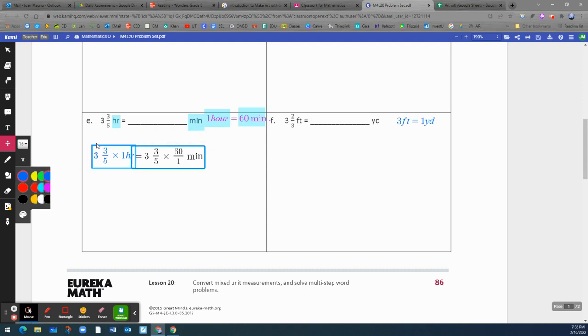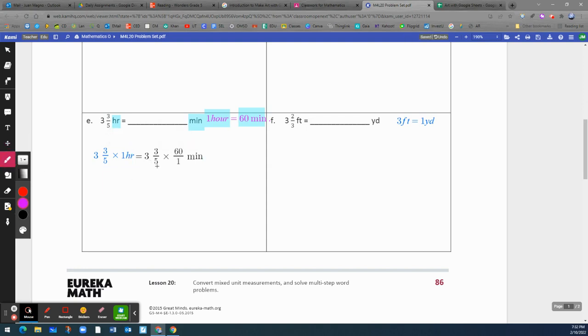Now, our next step would be to convert this mixed number into an improper fraction. How are we going to do that? Well, the way we're going to do it is we're going to multiply the 5 times 3, and whatever the answer from there is, we're going to add it to 3.